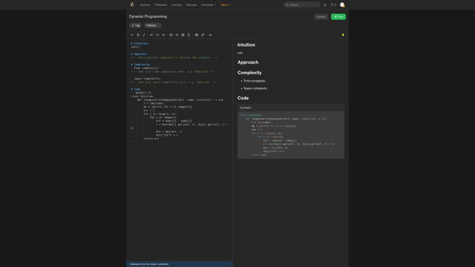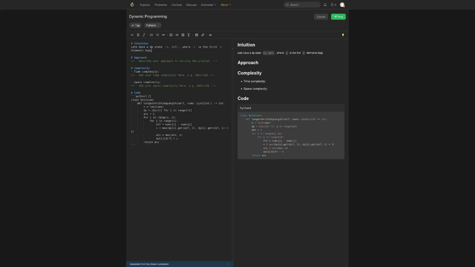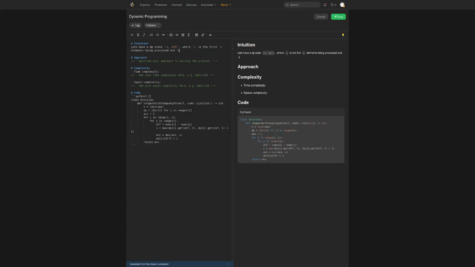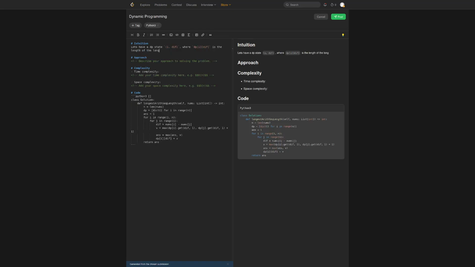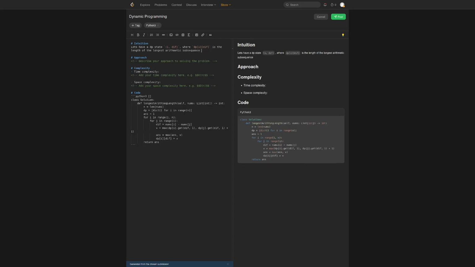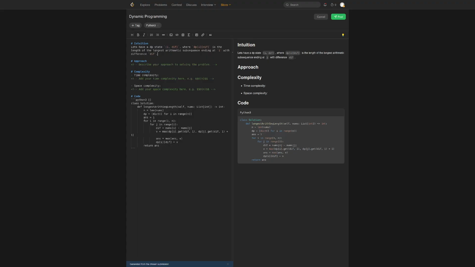Okay, so let's have a DP state i, where i is the first i elements being processed, and where dp[i][diff] is the length of the longest arithmetic subsequence ending at i with difference diff.